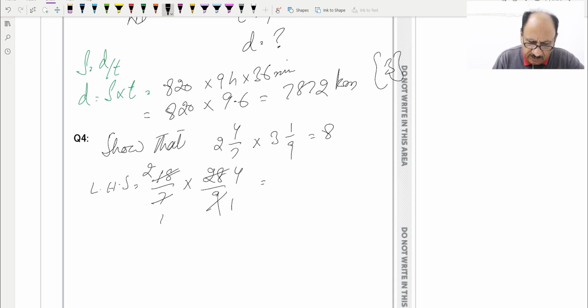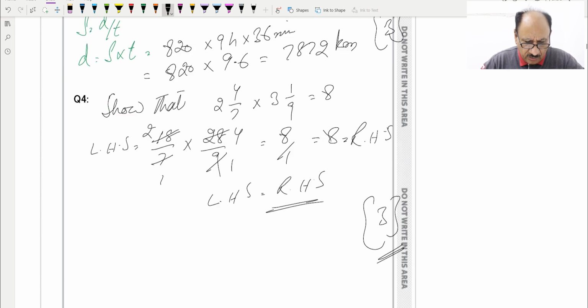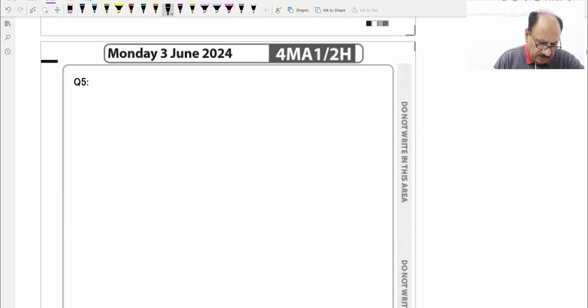Then multiplying, 4 into 2 is 8 divided by 1, which is 8, equal to the right hand side. So left hand side is equal to right hand side. This is done, and this is also for 3 marks. These are easier questions. Starting questions are easier, and at the end you will get challenging questions.